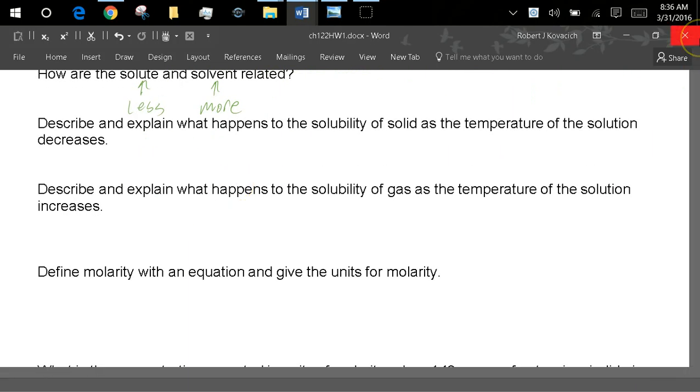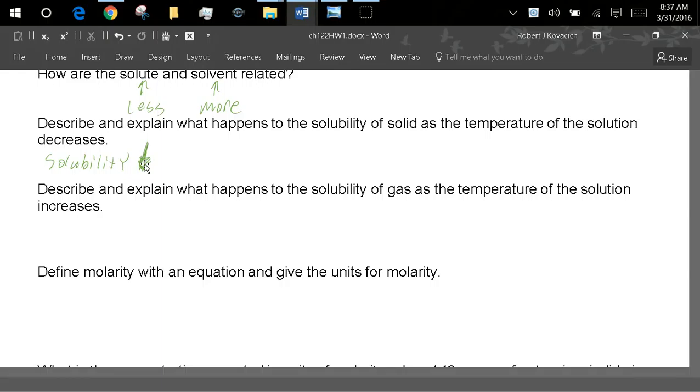Okay, so what happens to the solubility of a solid as the temperature of the solution decreases? So we've got something like table salt, and it's in water, and the water's getting colder. So what happens to the solubility of that? It decreases. Okay, so why does it go down? Less kinetic energy.